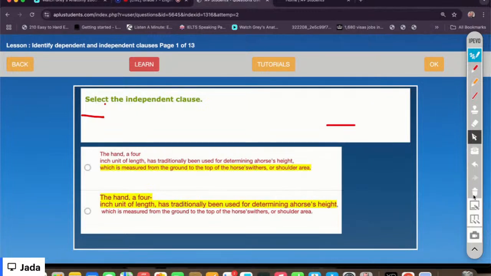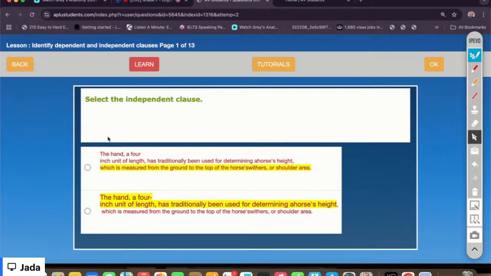So it says to select the independent clause. We have to look at both sentences and then choose which one is the independent clause. So we have: the hand, a 4-inch unit of length, has traditionally been used for determining a horse's height, which is measured from the ground to the top of the horse's withers or shoulder area.